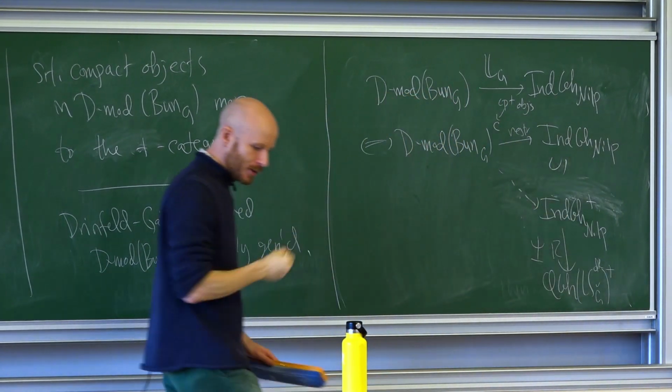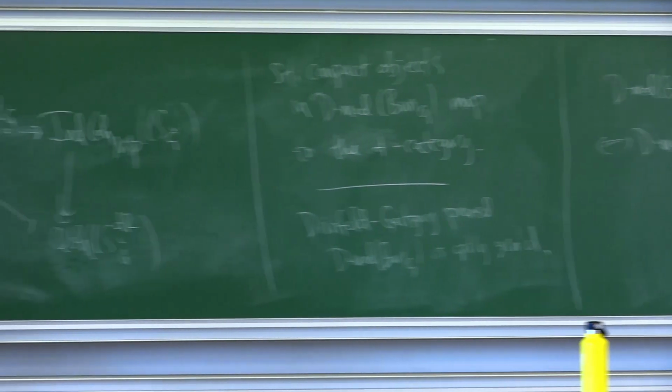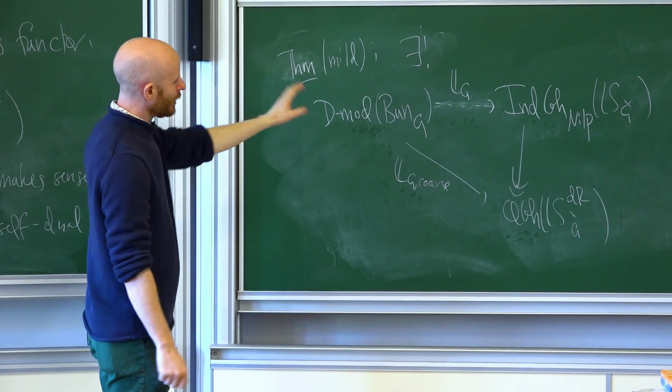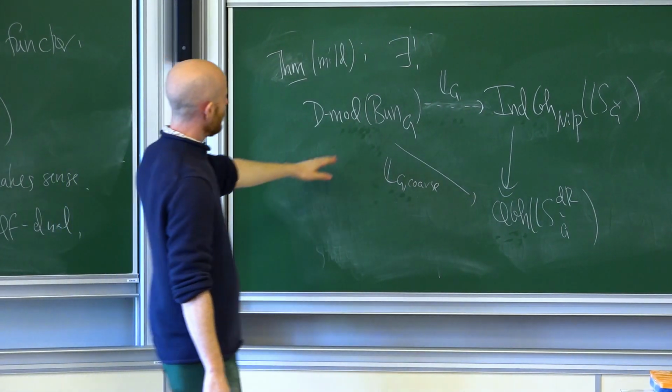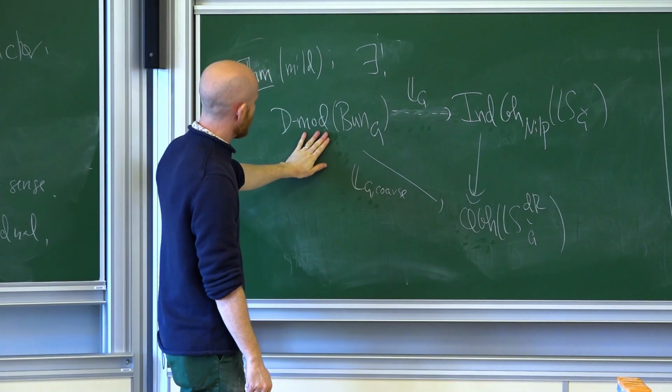yeah, I do want to highlight for arithmetically minded people that for me this is a big miracle. It's a real point of departure versus the classical theory of automorphic forms. If you think what this functor is doing, it's recording the data of all the Whittaker coefficients of a D-module.